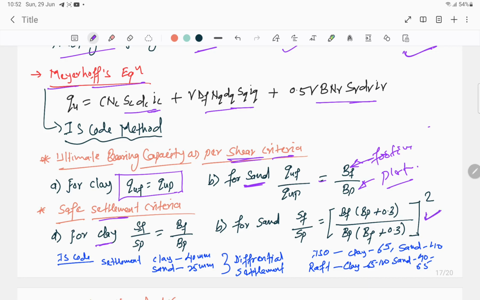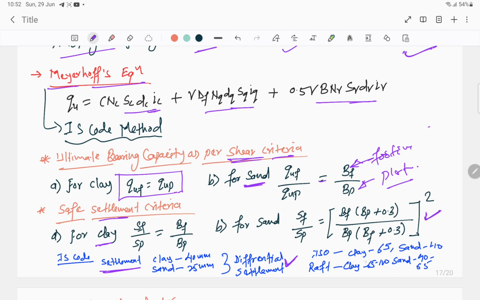This formula was asked many times in previous exams, directly as a formula and numerical also based on these 3 formulas. So IS code gives the settlement for clay as 40 mm and for sand as 25 mm in case of differential settlement. Okay, so for differential settlement, IS code recommended this settlement value.